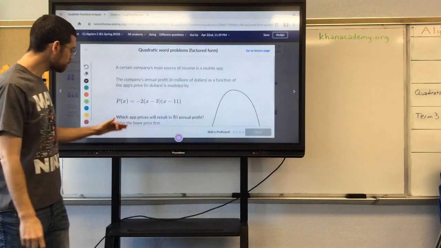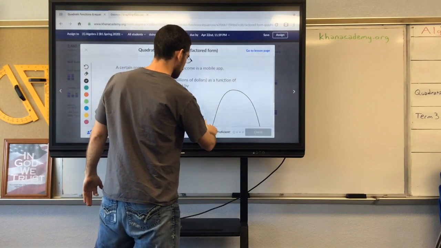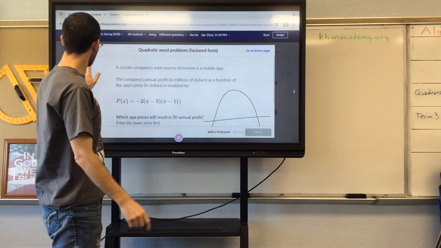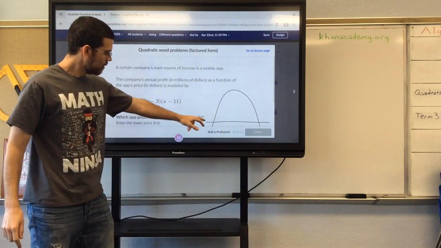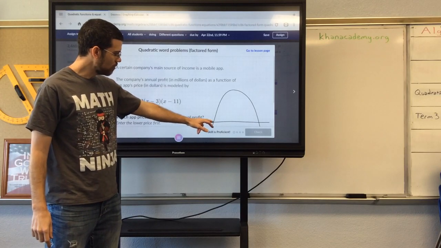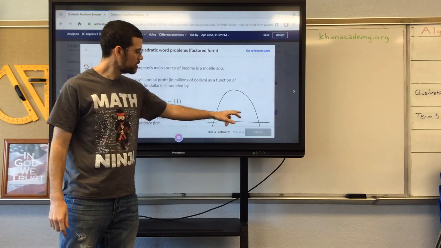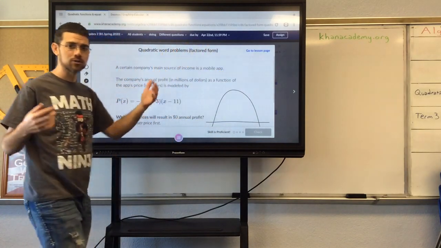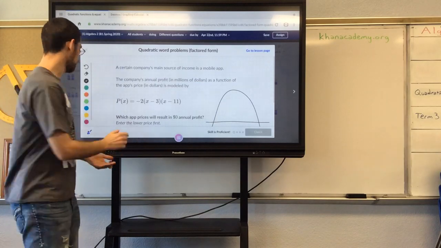Here's our function, and at some point, that was horrible, let's try that again. At some point, your profit's going to be zero, here and here. This is when you're not charging enough, and this is when you're charging too much, and you're going to have a maximized profit based on hitting just the right price point.